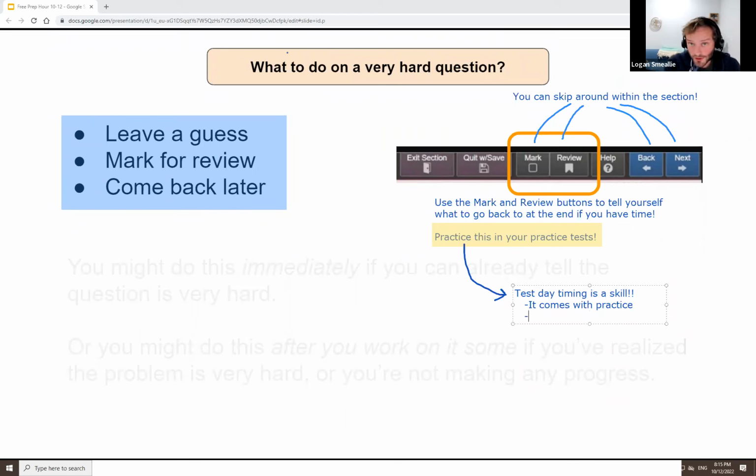One actionable thing you can do that's a little bit less about identifying the hardest questions is learn to check the clock at certain intervals. Different people like to do this differently. A really simple one would be when you get to question 10, so halfway through the section, take a look at that clock. See whether you have more or less than half of the time left.